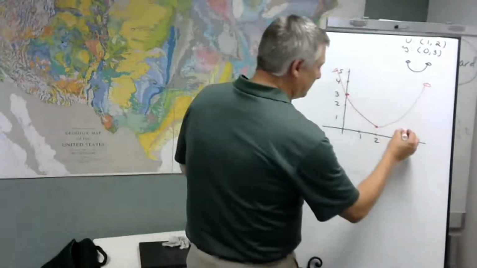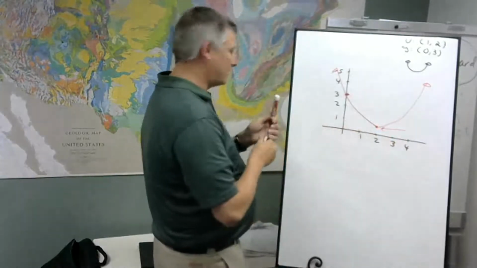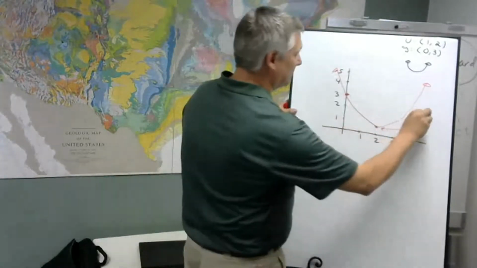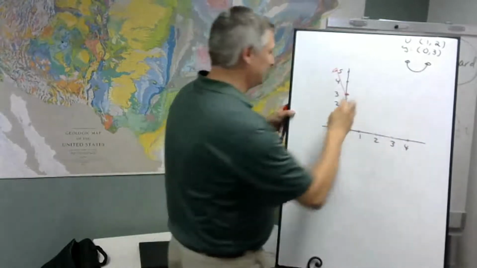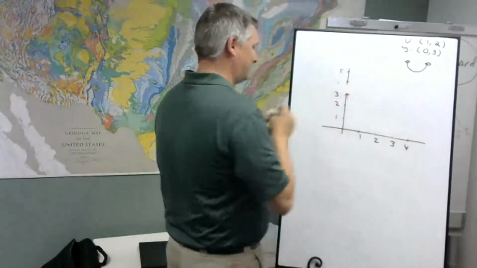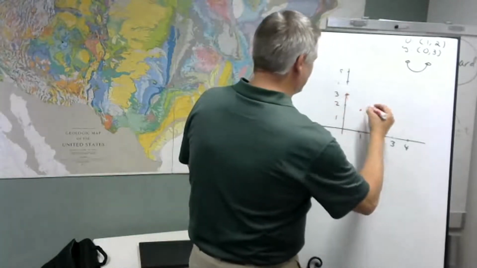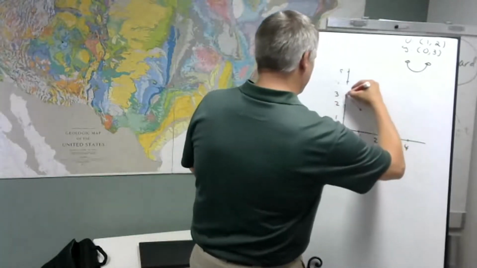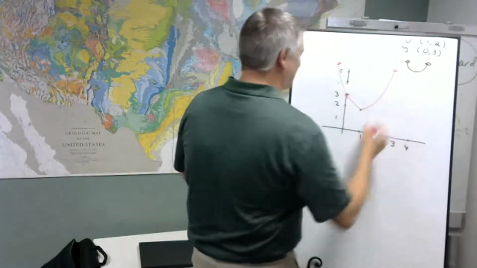So that would be a very rough drawing of our parabola. And then we could label this point. Oh, I think I made a mistake. It's 1, 2. Oh dear, I did 2, 1. Let me try again. 1, 2 is right here. That looks a little better.